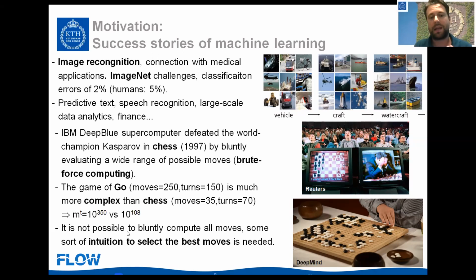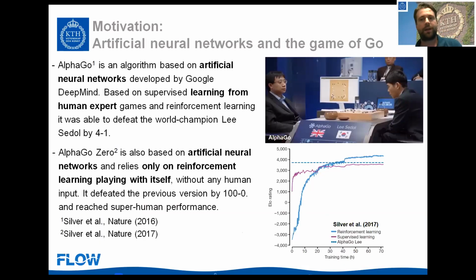So it's not possible to bluntly compute all the possible moves, and one needs to develop algorithms with a certain sort of intuition to come up with good strategies to play Go. And here is where the work from Google DeepMind comes in. AlphaGo was an algorithm based on artificial neural networks, designed to play Go, and the training was done based on the best human players.